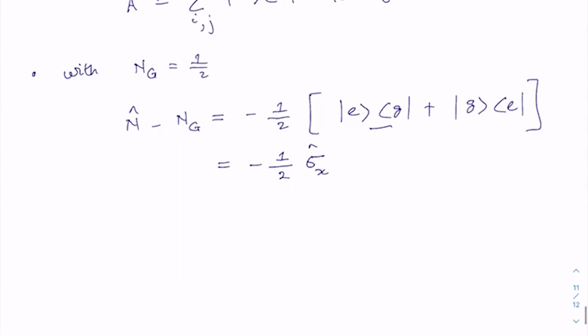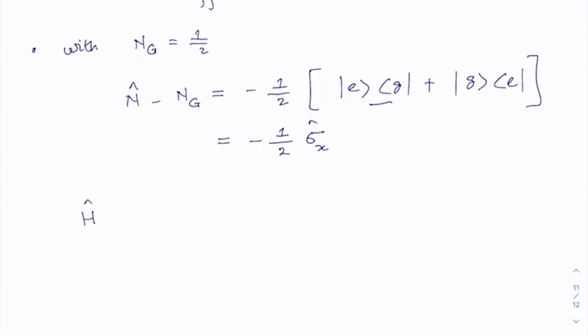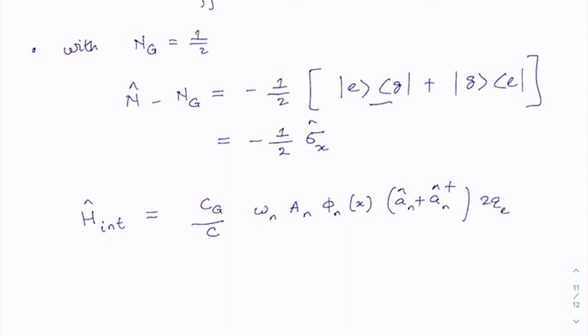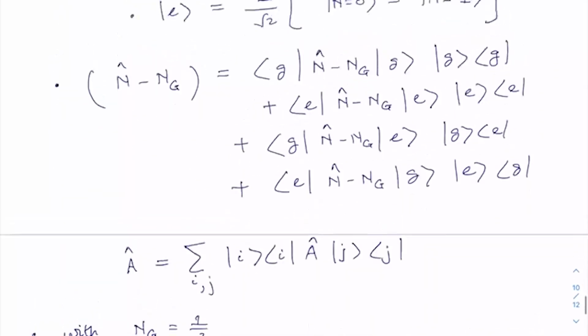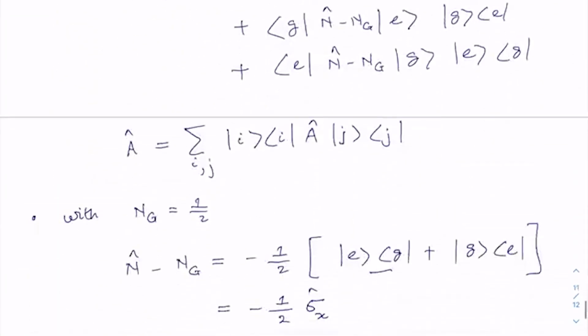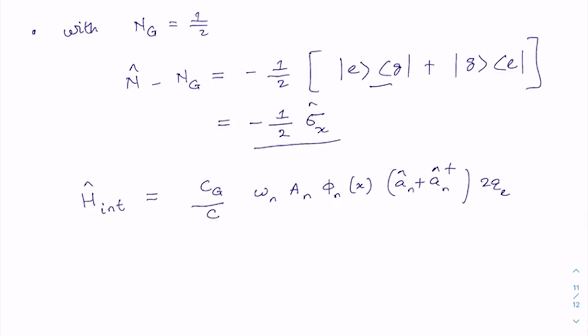Using this form, we can now write our interaction part of the Hamiltonian. It would be cz by c omega n an phi n of x, an plus an dagger, twice qe. Then in place of this one, I have this minus getting cancelled out because I had a minus here, so I will have a half sigma x.